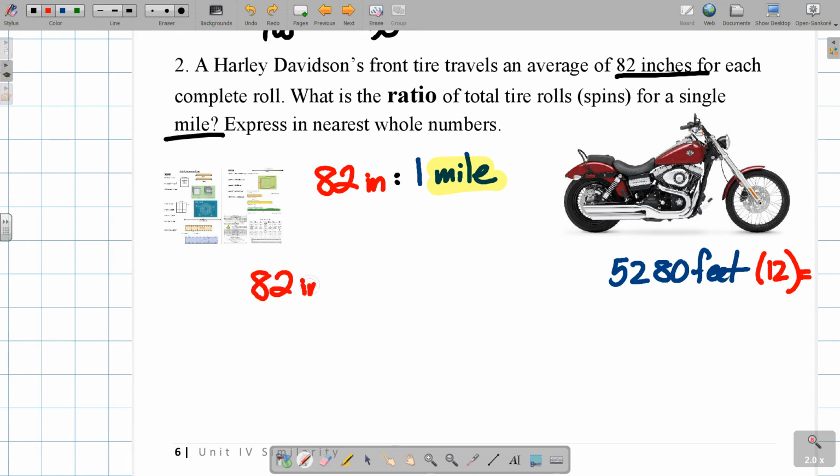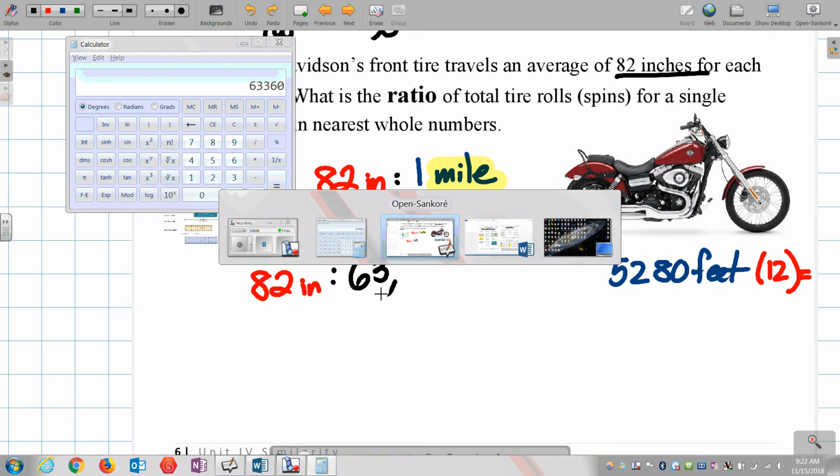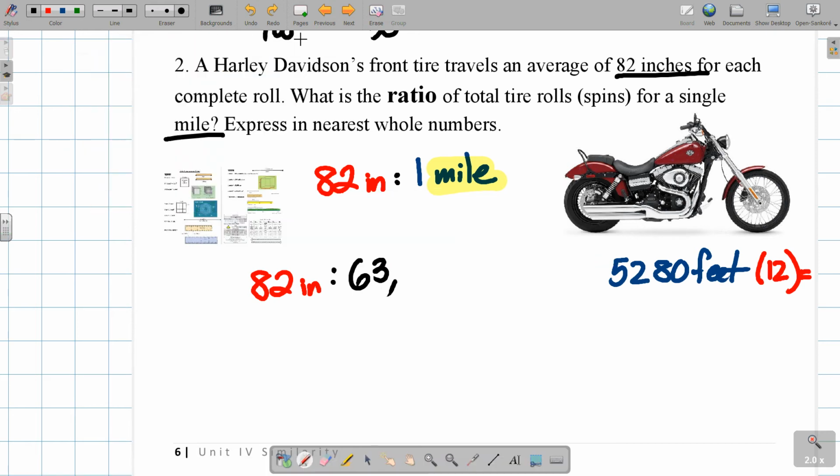So for every 82 inches of tire rolls, you get 63,360 inches. So I'm asking, what is the ratio? In other words, how many times does the wheel turn in a mile?